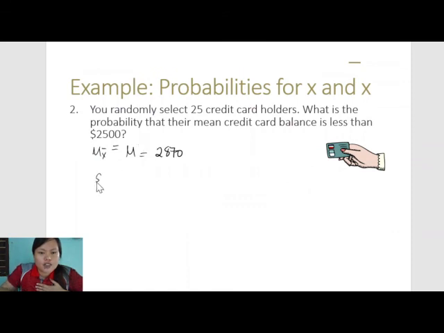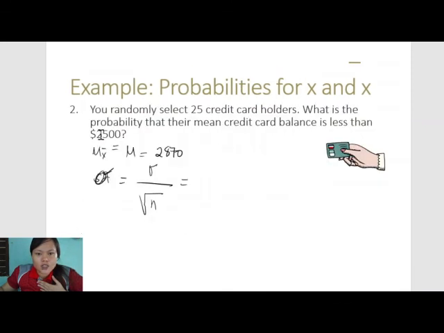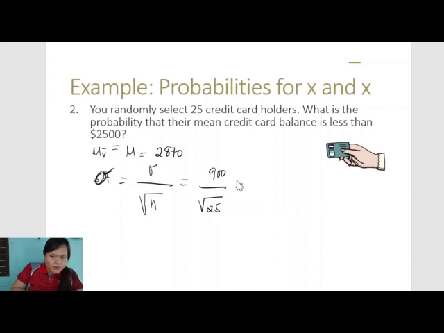Then the standard deviation is equal to standard deviation over square root of n. Anong standard deviation natin kanina? 900. Okay, 900 over square root of 25. So that would be equal sa 180.